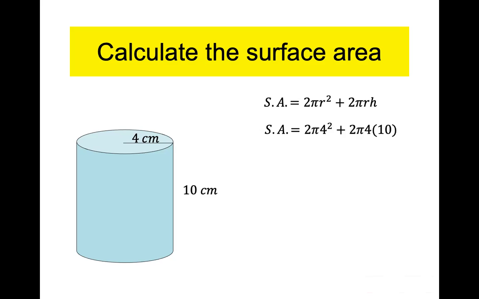2 times pi times 4 squared plus 2 times pi times 4 times 10. Notice I didn't say hit enter at all. Type that whole darn thing. Before you hit enter, look at your screen. Make sure it looks exactly like this. For those of you without the scientific calculators, you've got to do it in individual pieces.